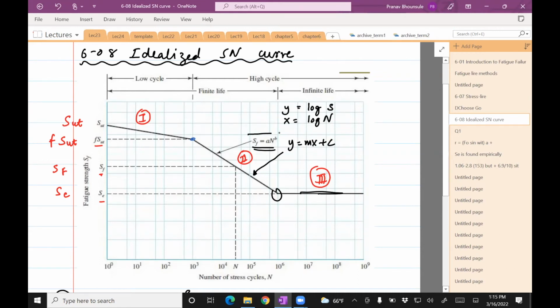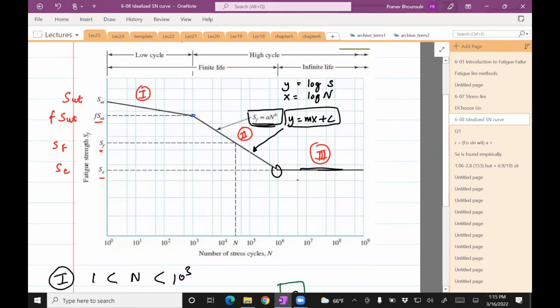This and this are the same once you take care of the log. So here's how it goes. Let's sub in the value for y. It's log S equals m log N plus c. So how do you combine log N and c? You can't just combine it, right?